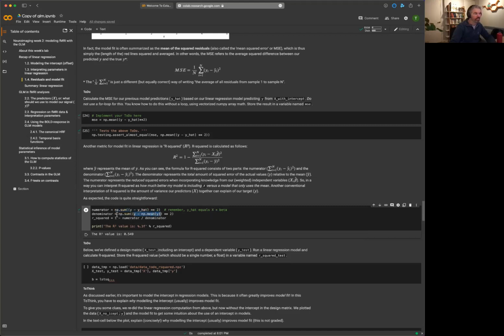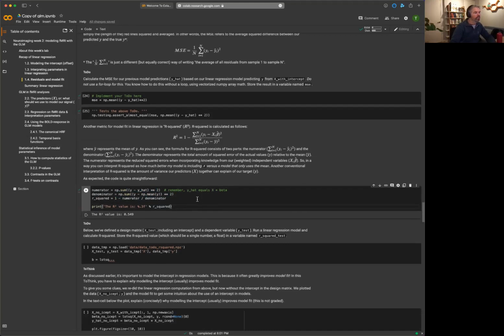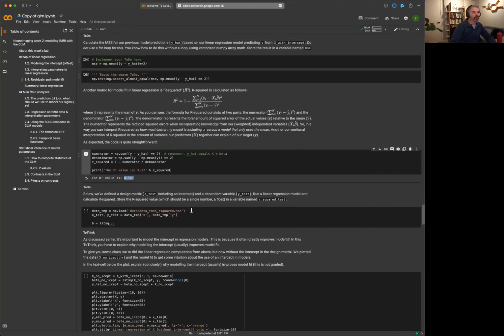So this is the variance of the data, and this is then the variance of the residuals. And with this single subtraction from 1, you get the proportion of explained variance instead of the proportion of unexplained variance. So we get an R squared value of 0.5, almost 5.